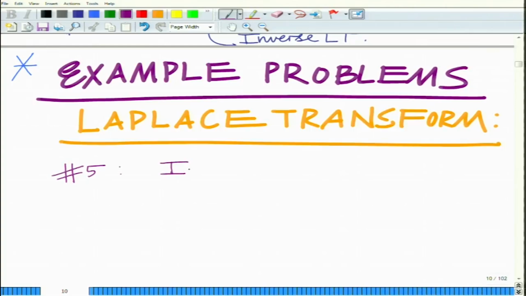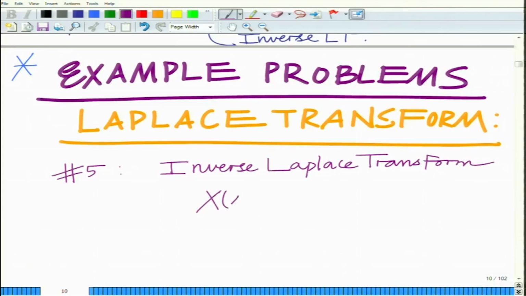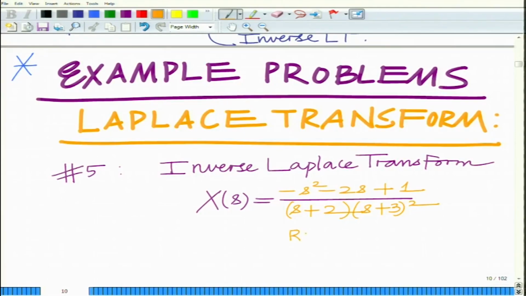We want to find the inverse Laplace transform of X(s), given by minus s square minus 2s plus 1 divided by (s plus 2) times (s plus 3) whole square, and the ROC is the real part of s greater than minus 2.